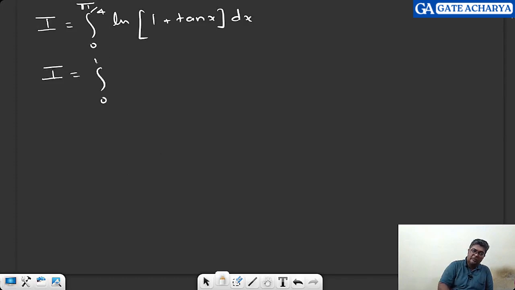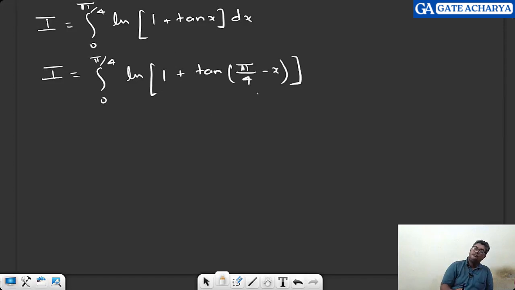So 0 to pi by 4, log of, I'm applying the property. What is that? 0 to a minus x. So here 0 to pi by 4, so tan of pi by 4 minus x. Okay, so this is tan of pi by 4 minus x. Now, if you remember trigonometric properties, tan of pi by 4 minus x is a famous function.